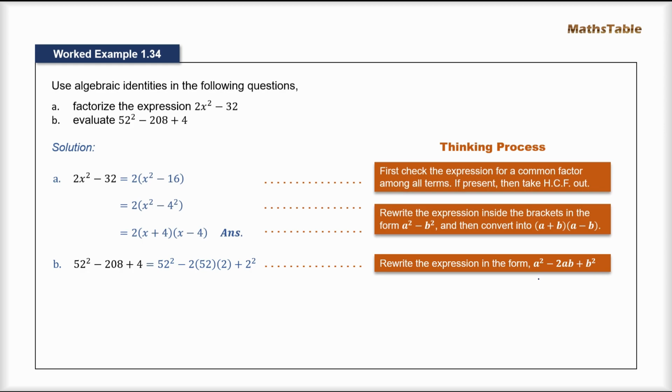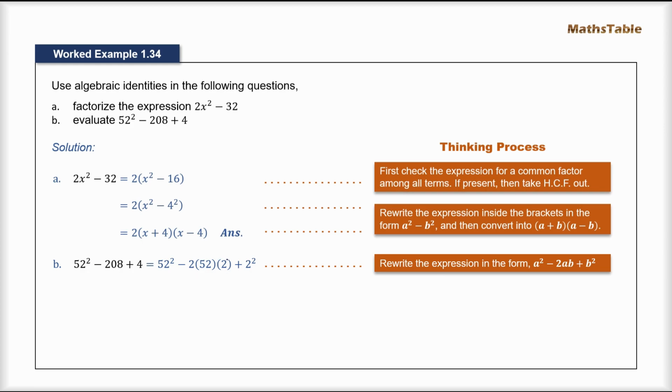So if we compare this expression with the expanded form of the second identity, we can see that the first term 52 square can be compared with a square by substituting 52 in place of a. And the second term 208 can be written as a product of 2 with other two numbers like 52 times 2, which gives us the same answer 208.